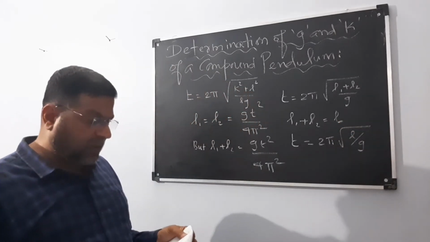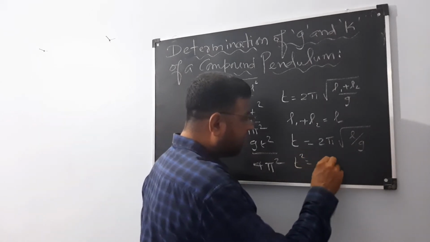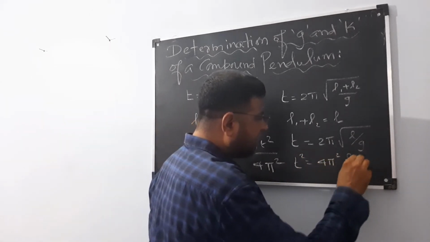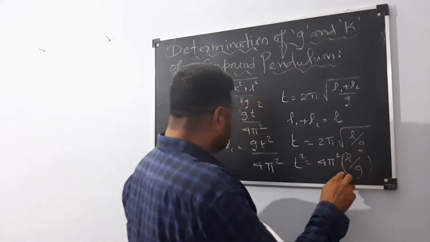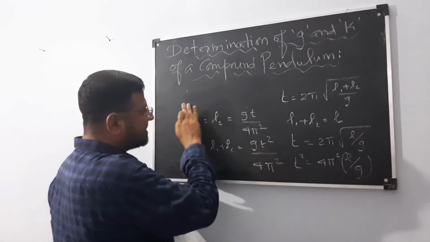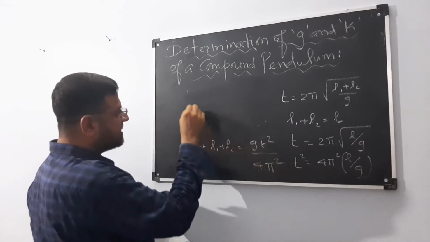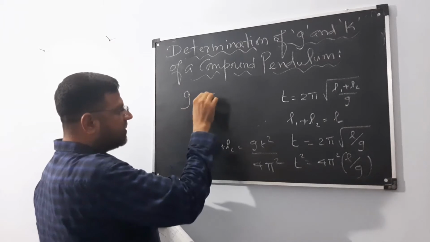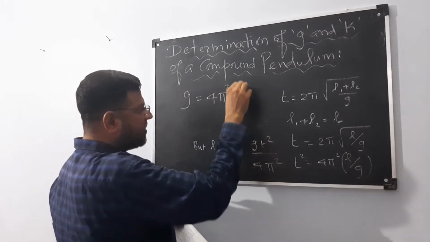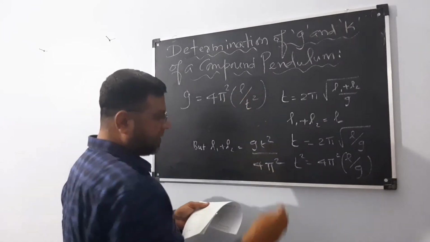Therefore, T square is equal to 4 pi square L by g. If you rearrange this expression, you will get the expression for acceleration due to gravity. Therefore, g is equal to 4 pi square L by T square.